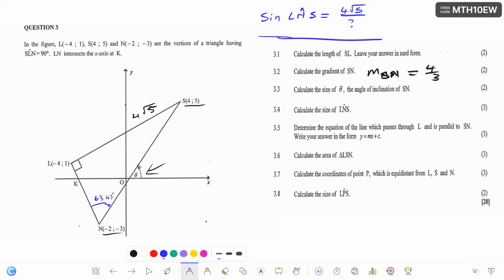Okay. So now they said determine the equation of the line which passes through L and is parallel to Sn. Sn is this one. So there is a line somewhere here that is parallel to this line. Write your answer in the form y is equal to mx plus c. So okay, I have a line somewhere here.